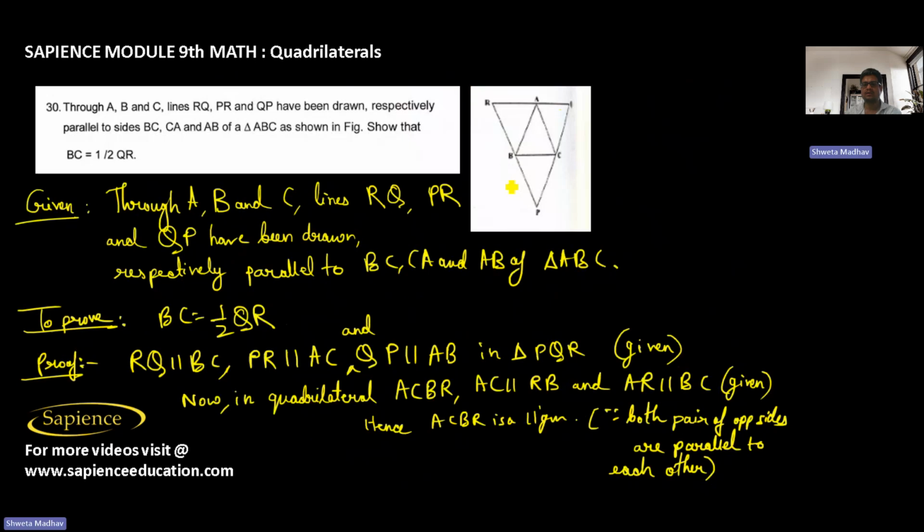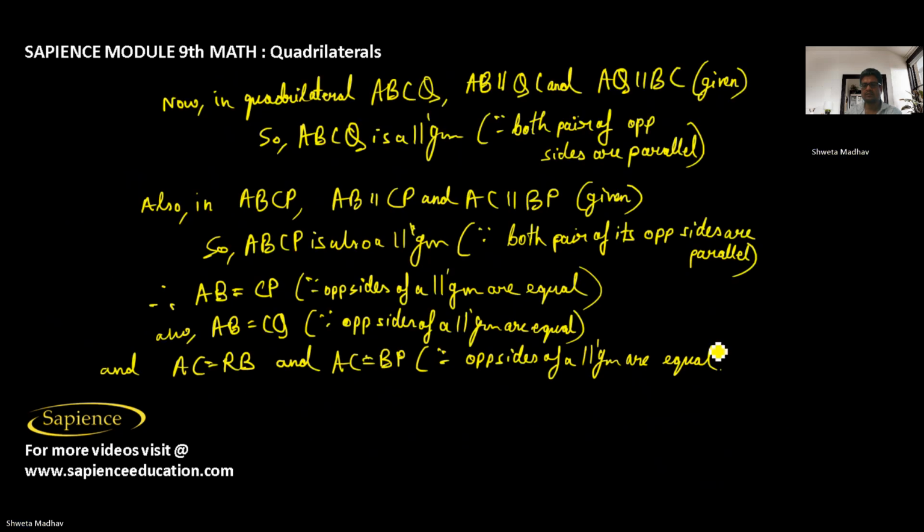ABCP we have proved is a parallelogram, and ACBR is also a parallelogram that we have proved.